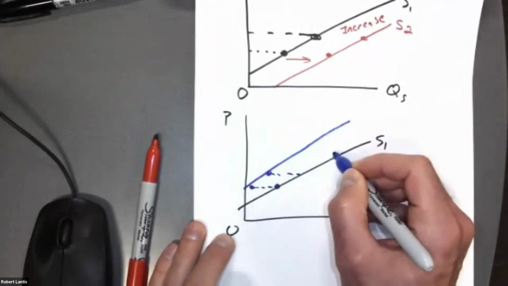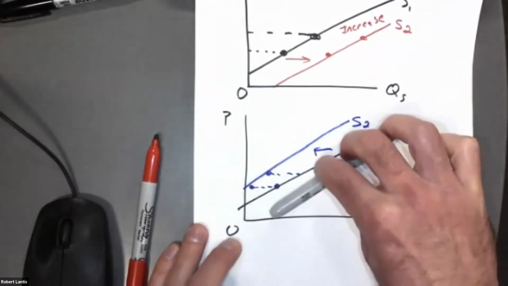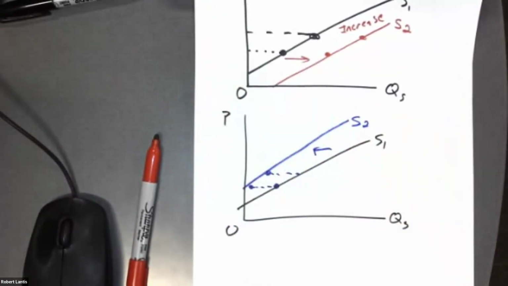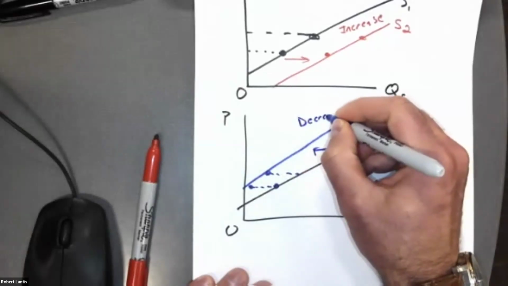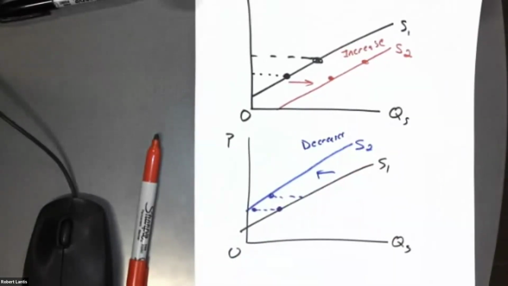So a leftward shift is a decrease in supply, or moving closer to that 0 point, right? That point where quantity supplied is equal to 0. So for decreases in supply, instead of thinking about up and down, think about a leftward shift, and for increases in supply, think about a rightward shift.